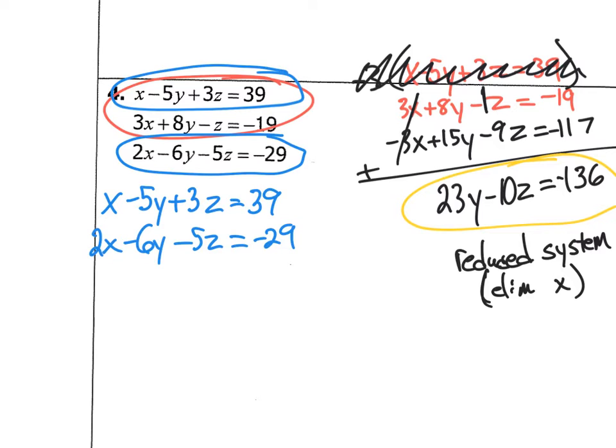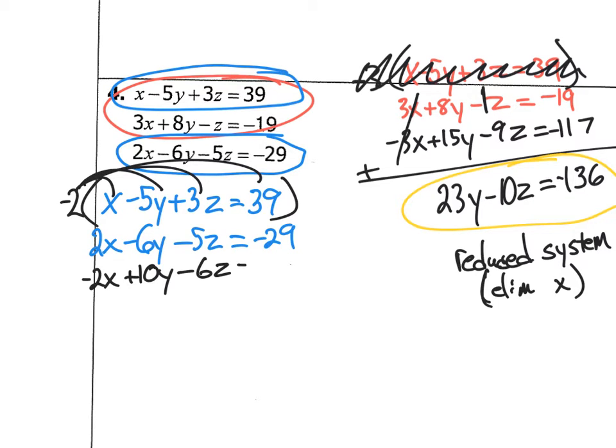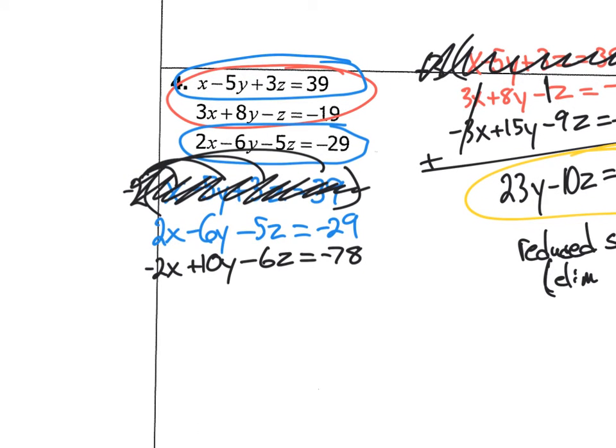So what I would do is I would multiply the top equation by -2. If I do that, I would get -2x plus 10y minus 6z equals, what is it, 78? -78? Yeah. All right, so now that I've multiplied this top equation, I just like crossing it out just so I keep myself organized.